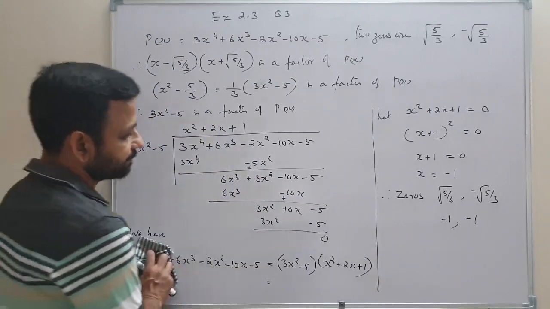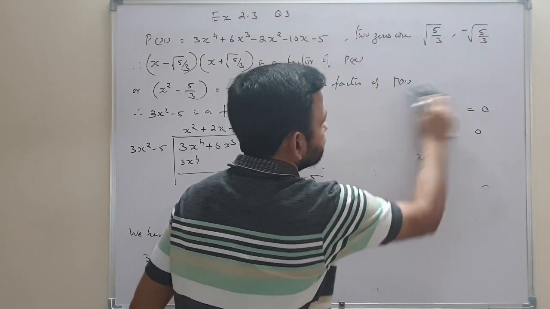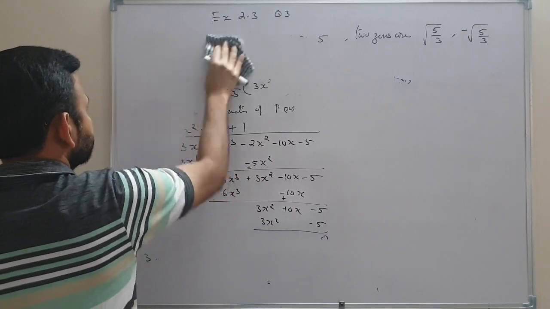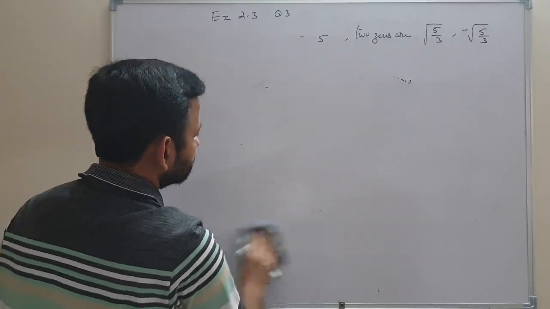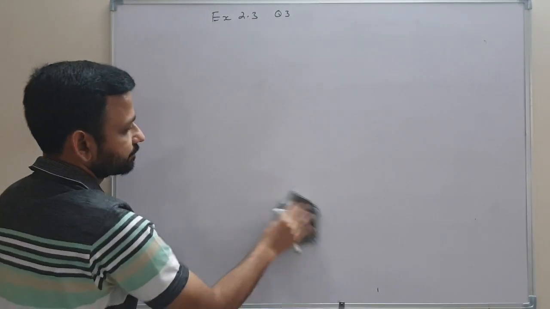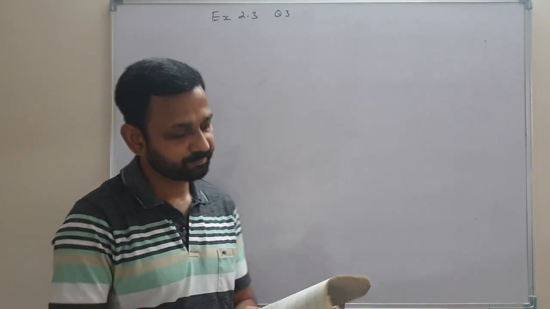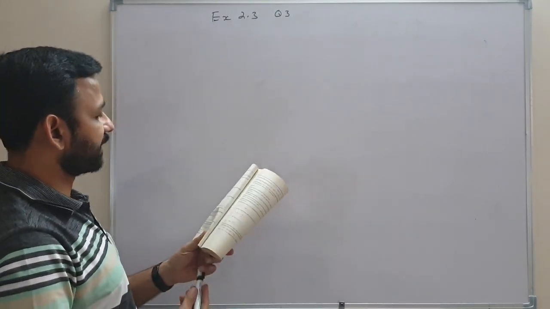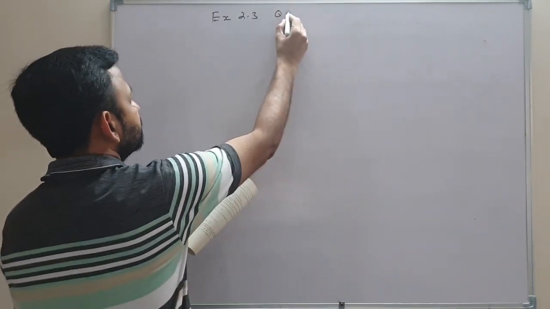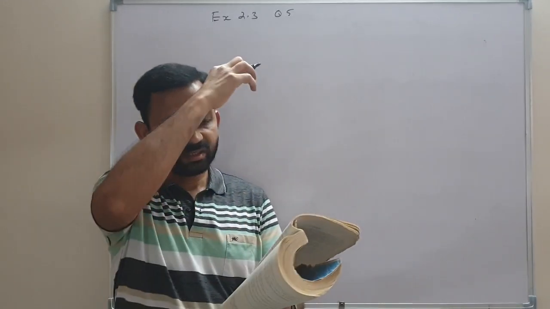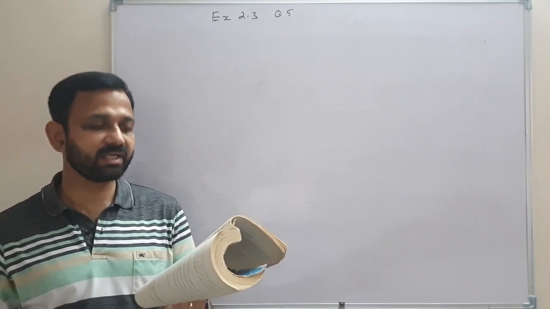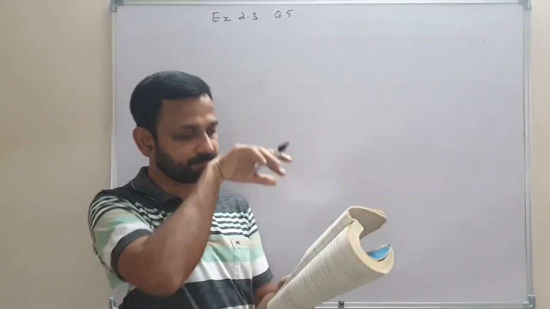Now we will do question number 5. Give examples of polynomials p(x), g(x), q(x) and r(x) which satisfy the division algorithm.